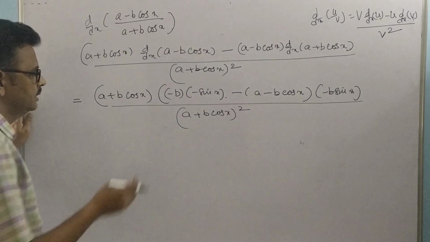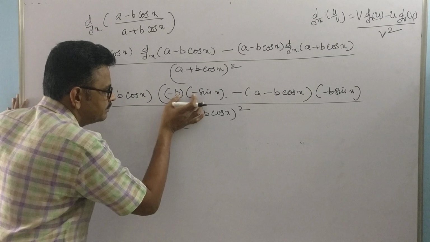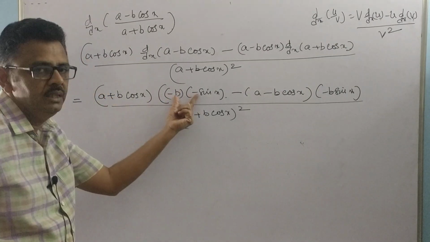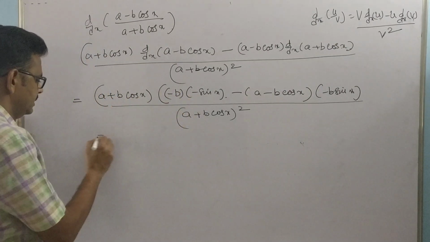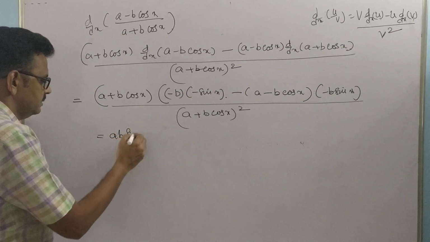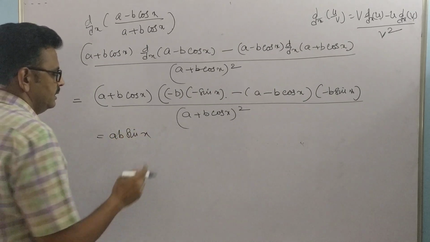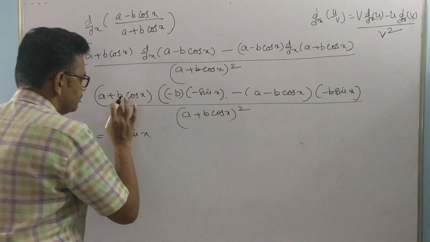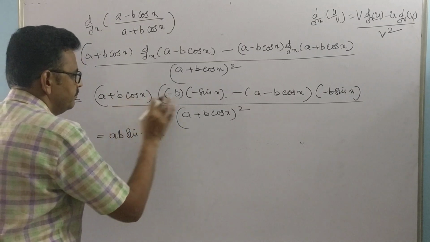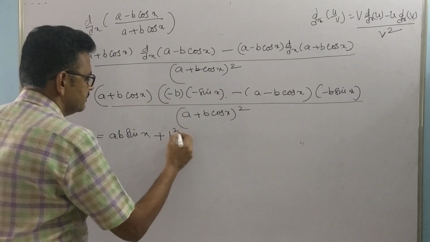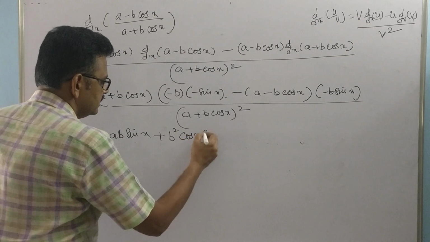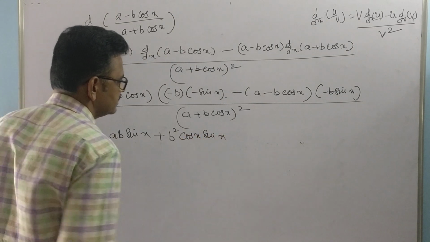If you are multiplying minus of minus, this is plus b sin x into a, that is ab sin x. Next minus minus plus, so this is plus b into b, b square cos x into sin x.